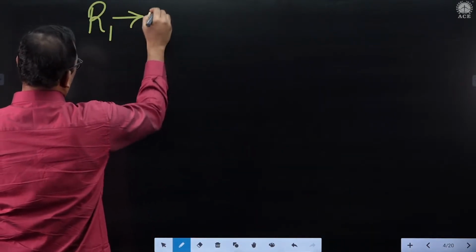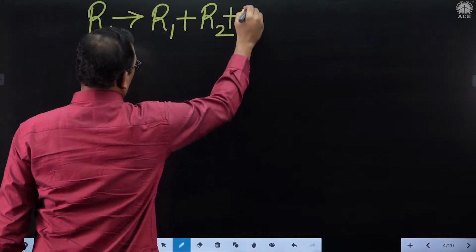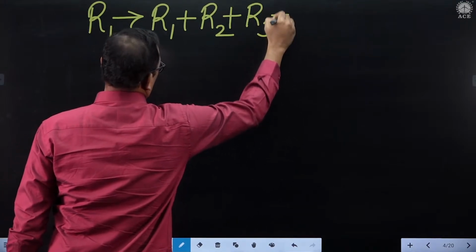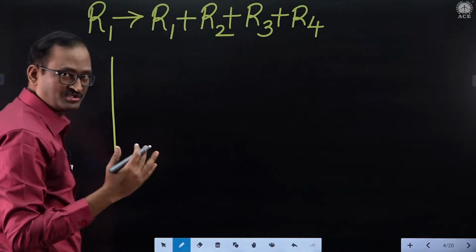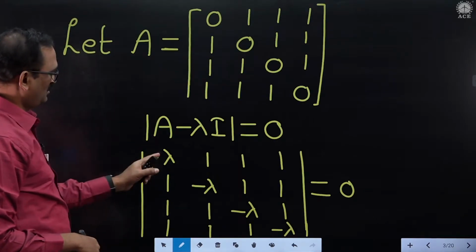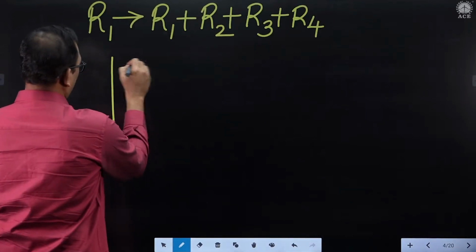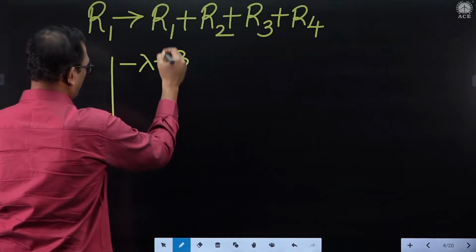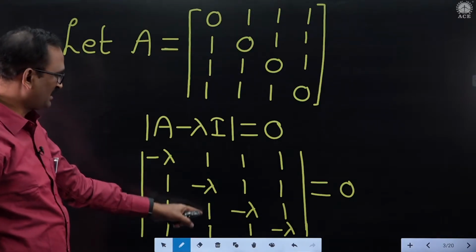All rows added to the first row: first row plus second row plus third row plus fourth row. Then what is the first row? Minus lambda plus 1 plus 1 plus 1, that is minus lambda plus 3. Similarly, the remaining elements are also minus lambda plus 3.